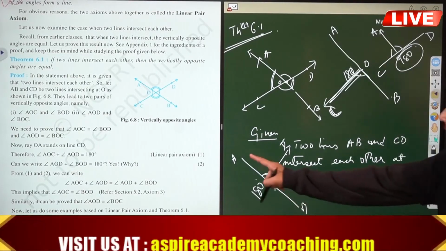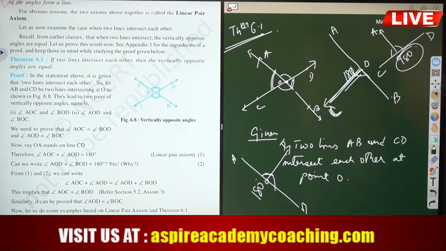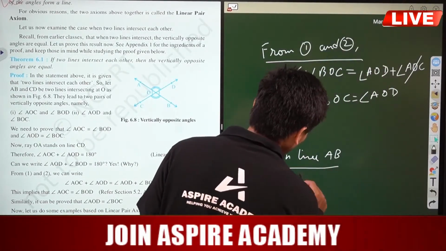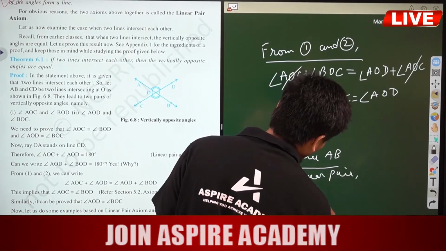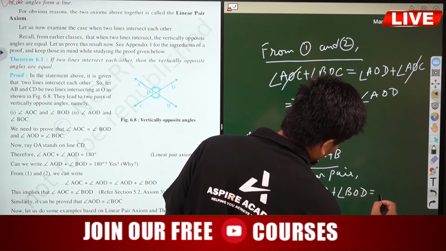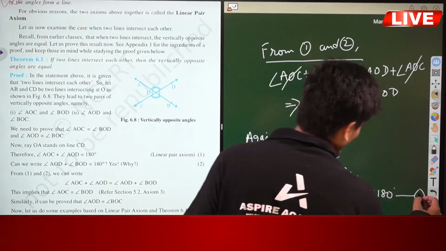So this time angle AOD plus angle BOD is equal to 180 degrees. So on line AB, by linear pair, angle AOD plus angle BOD is equal to 180 degrees. Let this be equation 3.